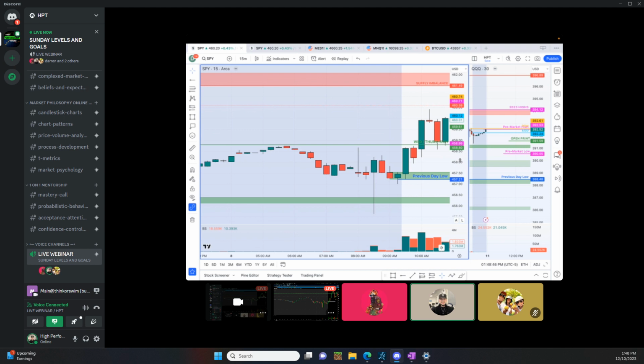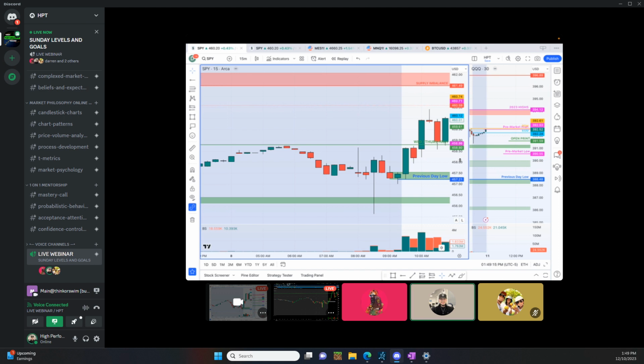But usually that third green candle happens so fast, that green candle will start at the lows of the red. And once it blows past the top of the first green candle, that's usually a sign of strength.